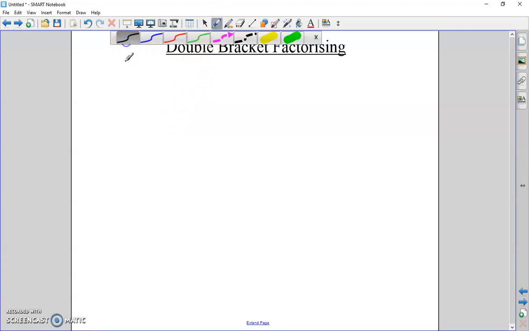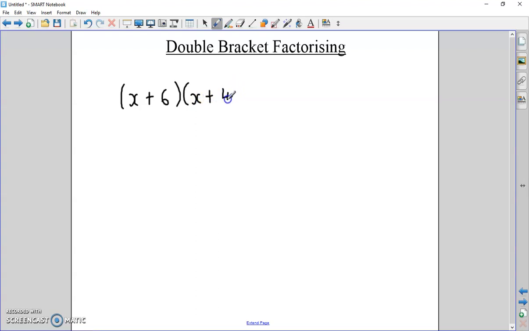Now if you remember back to last week, you did some expanding brackets where there were two brackets side by side. The method was to use something called FOIL. So we multiplied those, which gave us x squared. We multiplied those, which gave us 4x.